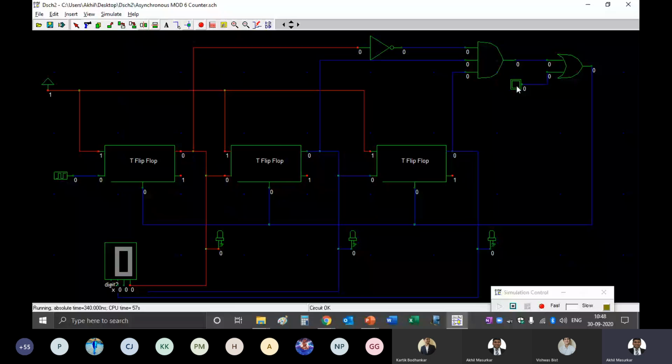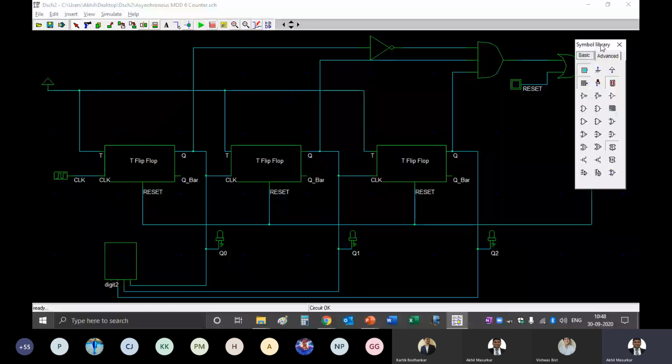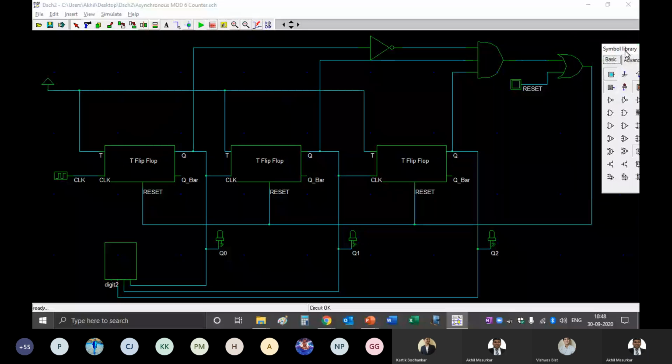So I'm just stopping the simulation. So please copy this particular thing. So here please note, I have not used any preset, because anyways we are not using preset, we are using only a reset. We are trying to set the system back to 0.